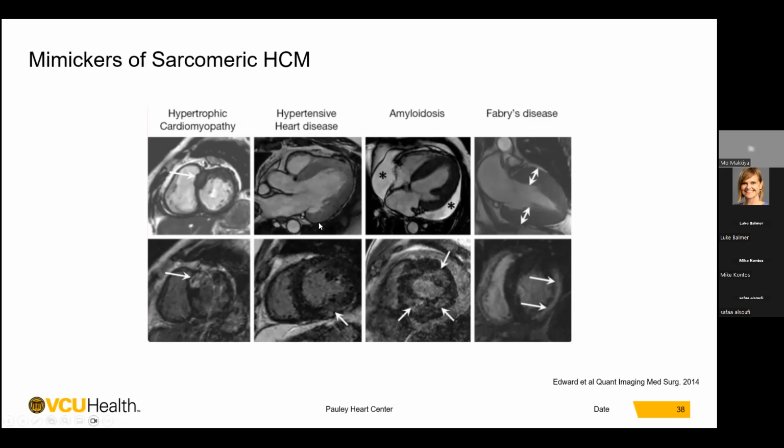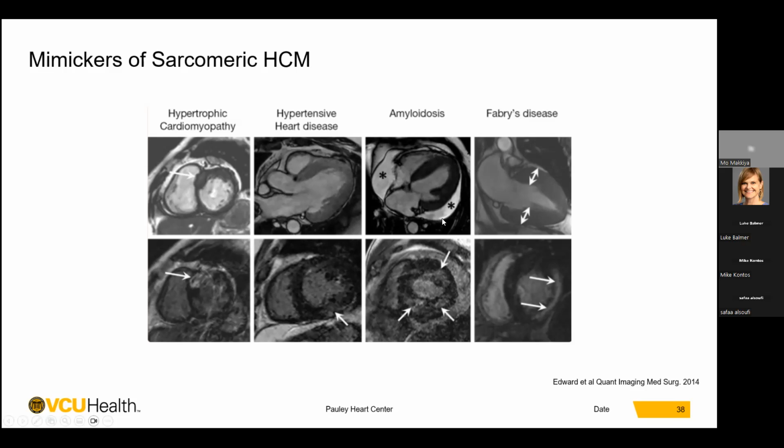We typically see this in hypertensive disease or aortic stenosis. Versus in amyloid, we see more of a concentric or asymmetrical septal hypertrophy, and we see the typical enhancement patterns, which are more extensive, patchy or subendocardial, and we can see difficult nulling in our T1 scouts.